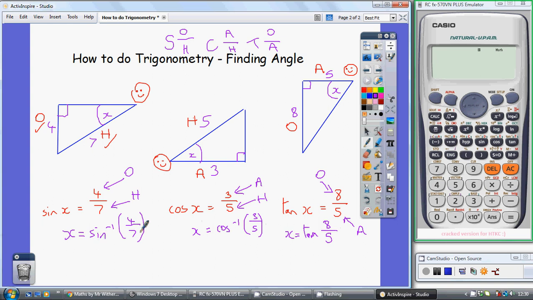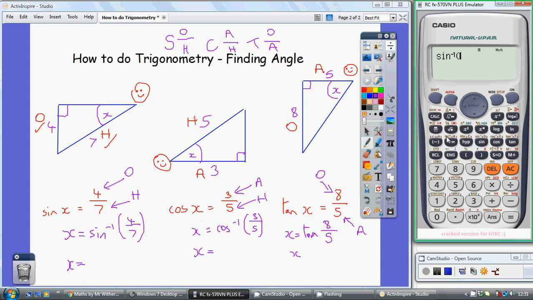Right, we can now go over to our calculators for each of these. So we go shift sin, and then it's 4 over 7. I suggest you use the fractions button.